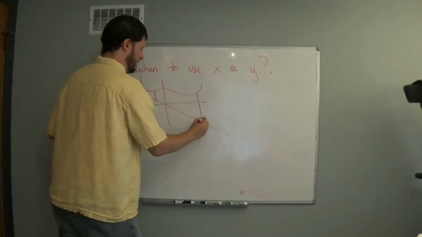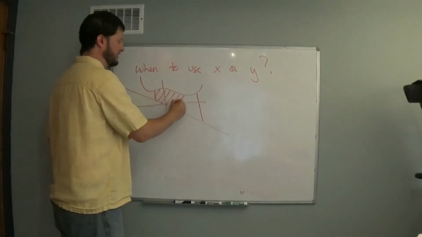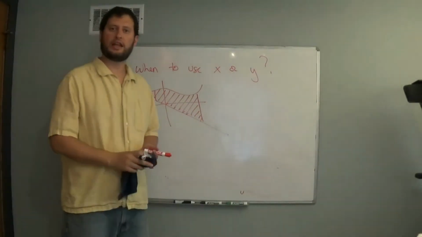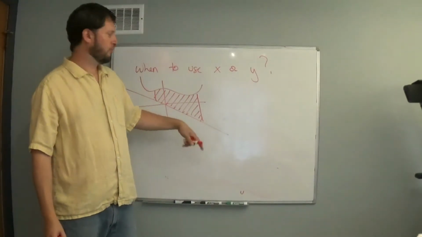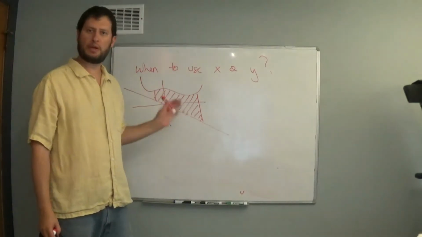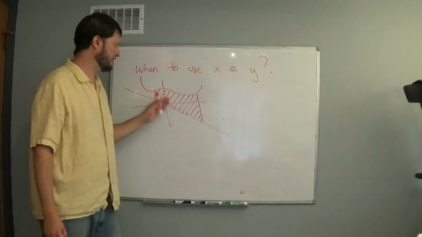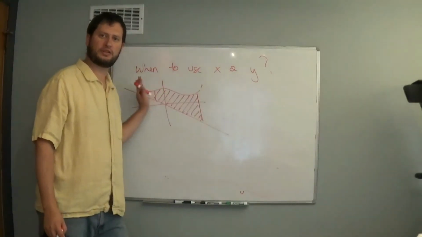Okay, so if my region is something like this, it really comes down to the following point. If I can make a vertical line where the top curve and the bottom curve are always the same, no matter where I make my vertical line, then I'm going to be using x. Because if I'm making a vertical line, we're thinking about shifting the vertical line across the region.